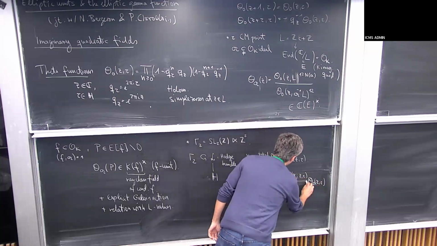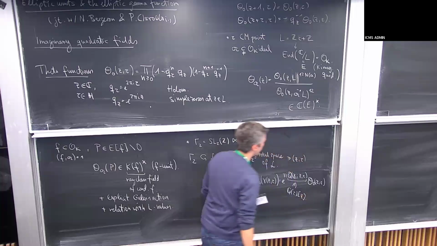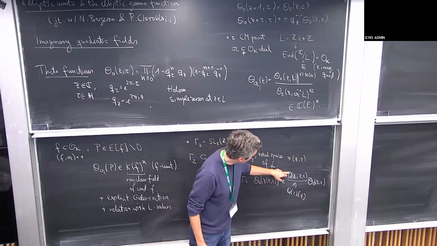And this thing here is a polynomial in tau with coefficients in Z, e to the pi i times a polynomial.